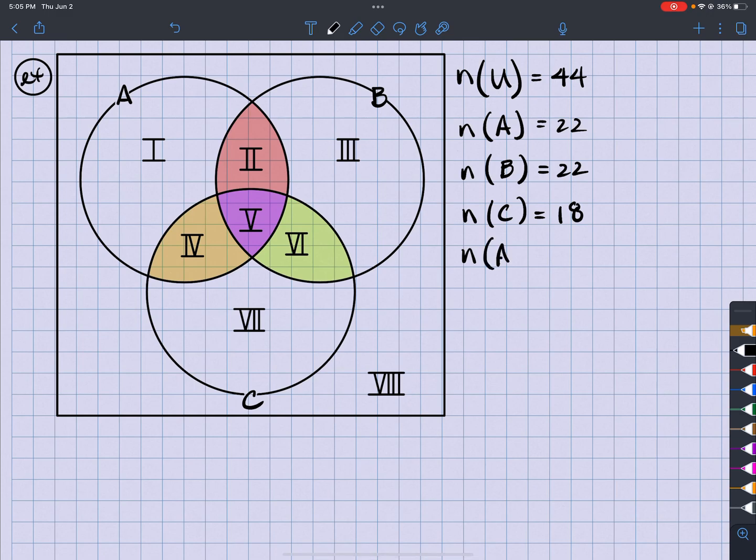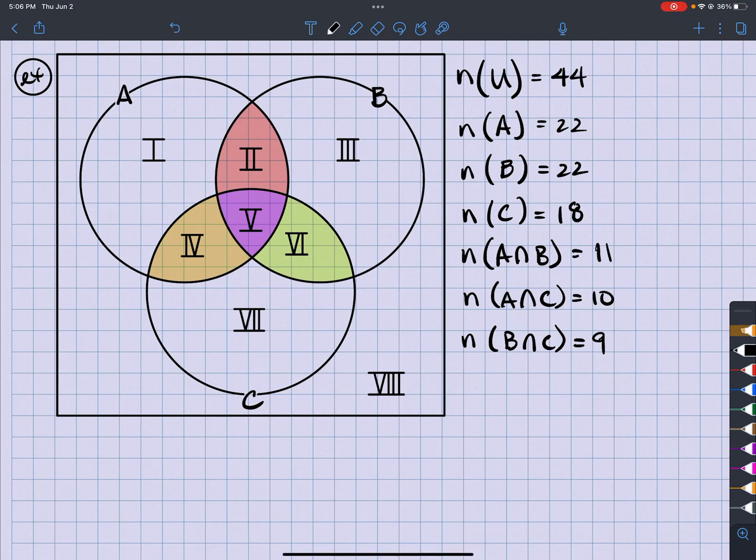The cardinal number of A intersect B is equal to 11. The cardinal number of A intersect C is 10. And the cardinal number of B intersect C is 9.